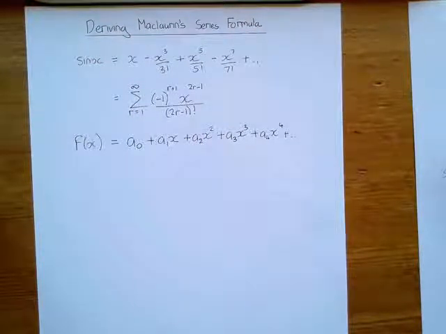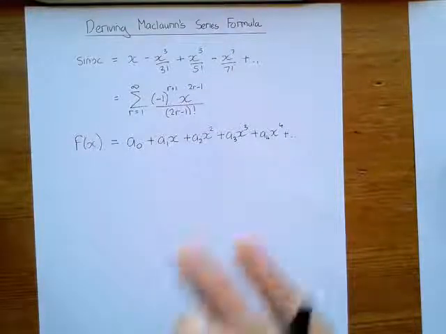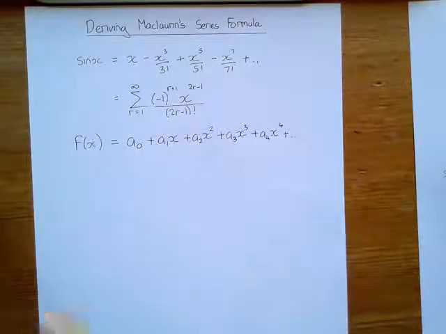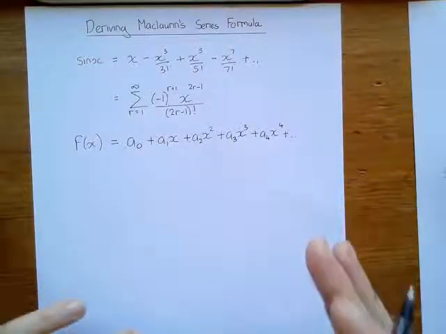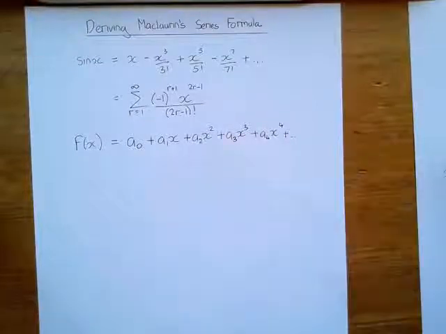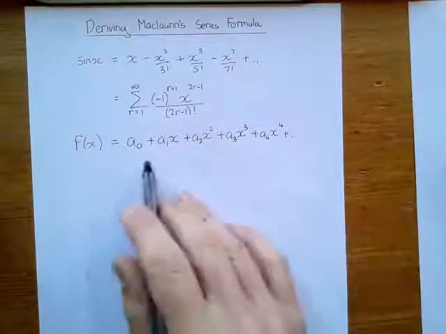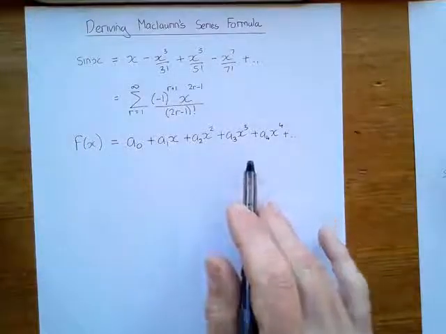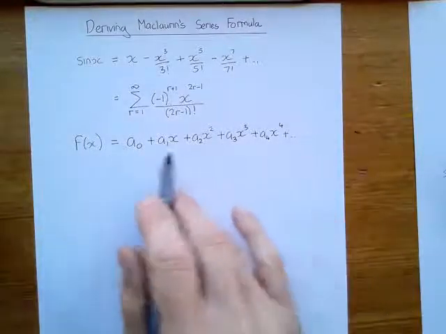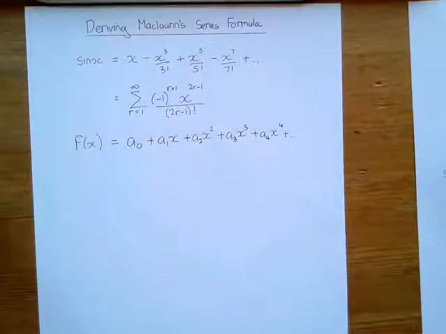I should say at this point, there are some assumptions being made here, but I don't want to cloud the clarity of the video by going into this. So I'm going to ignore all of that for now and just show you how this works. Nothing up my sleeve, I've done nothing wrong so far, apart from making a bit of an assumption that if you've got a function, it can be written as an infinite polynomial.